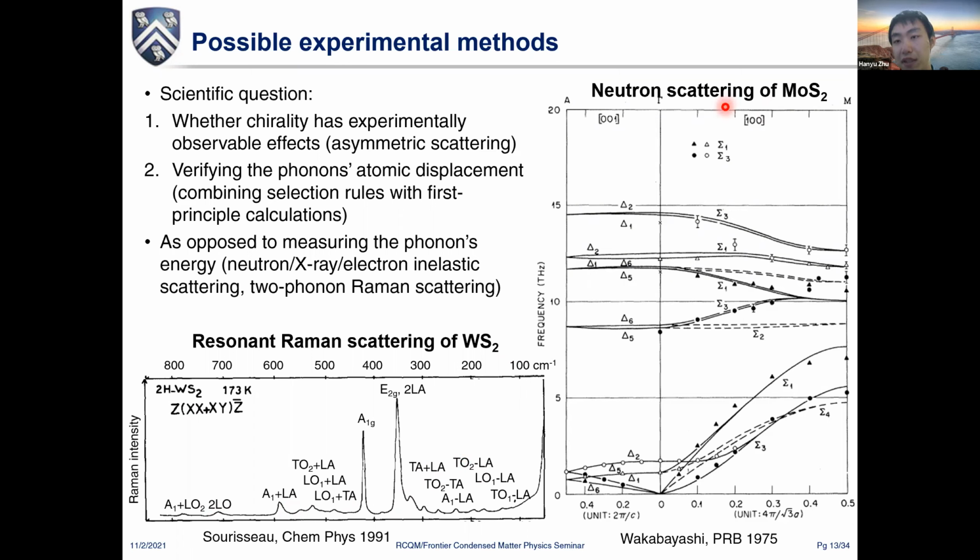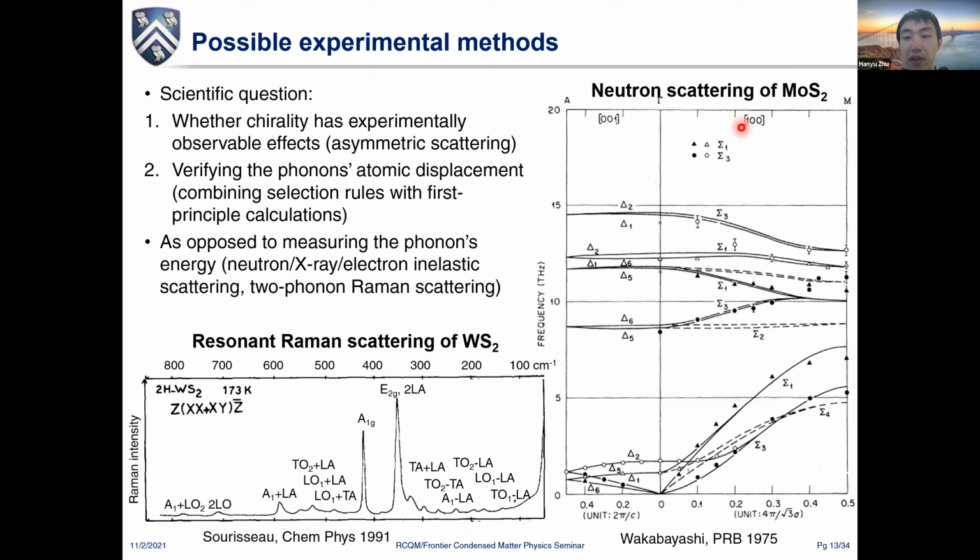And also neutron scattering of two-dimensional materials has been there for a very long time. It's interesting that they have never measured polarization scattering, but even if they do, there won't be an effect because bulk two-dimensional materials preserve inversion symmetry, so there won't be any polarized scattering.